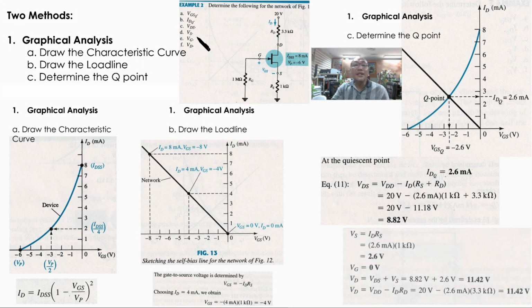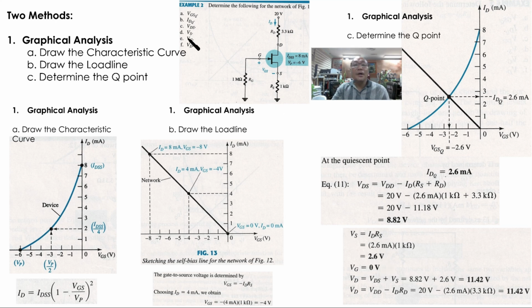How about VS? VS, as we know, is the voltage at the source, equal to ID RS. That will give us also 2.6 volts. Using the double subscript equation, that is VGS is equal to VG minus VS, as we have solved a while ago. Since VG is equal to 0, then VS will be equal to negative VGSQ. Therefore, VS is equal to 2.6 volts.